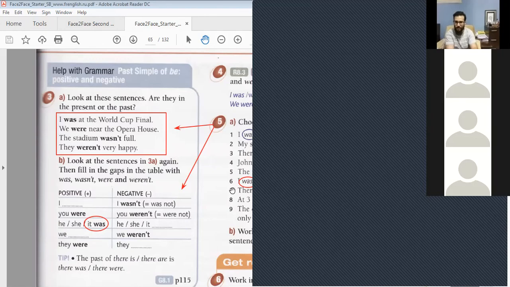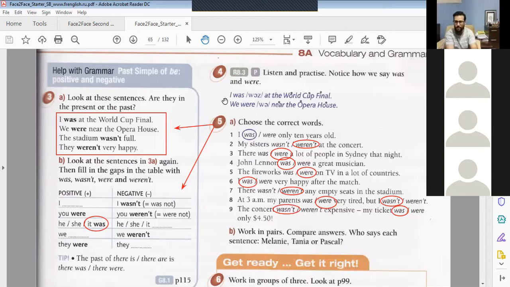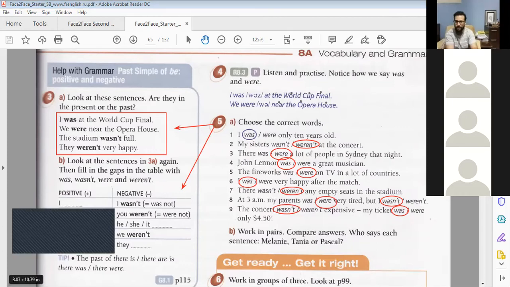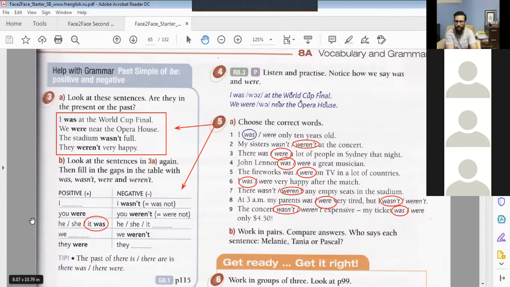Recording 8.3. I was at the World Cup final. We were near the Opera House. The stadium wasn't full. They weren't very happy.